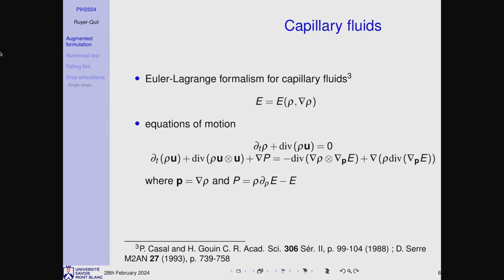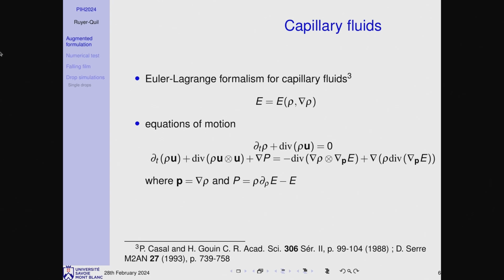So this leads to what people call capillary fluids. For capillary fluids, you have an energy which is a function of the density and the gradient of the density. If you consider an inviscid limit, within the Euler-Lagrange formalism you get these equations of motion. First the mass balance, and second the momentum balance, where the capillarity terms appear on the right-hand side.